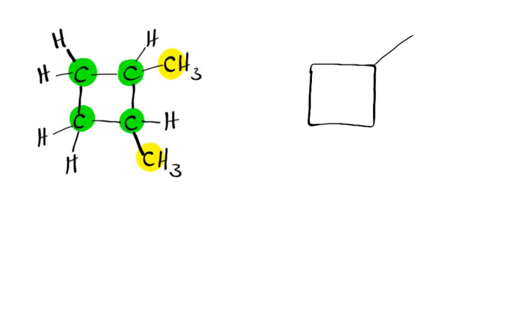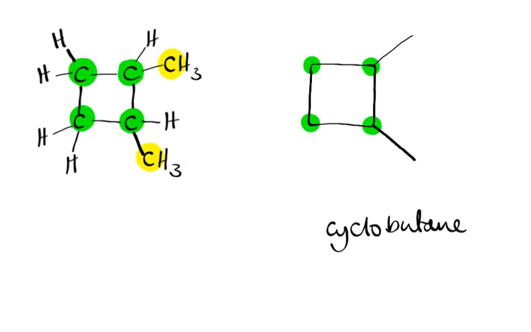In terms of the name, we have the 4 carbons in a cycle, which makes that cyclobutane, and then the 2 methyl groups, and again we want the numbers to be as low as possible, so if we call that one 1 and that one 2, then we're looking at 1,2-dimethylcyclobutane.